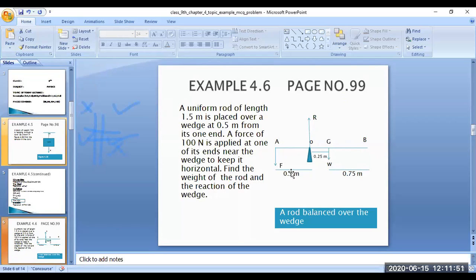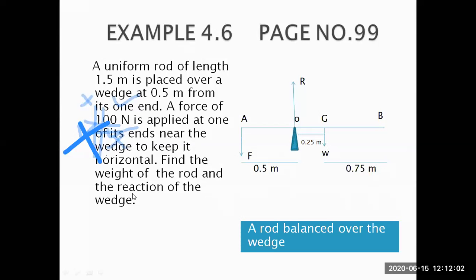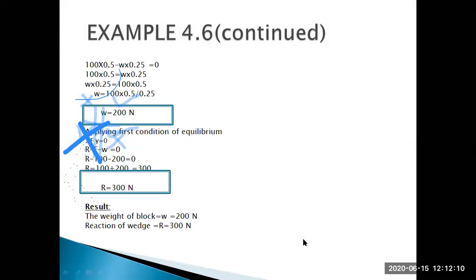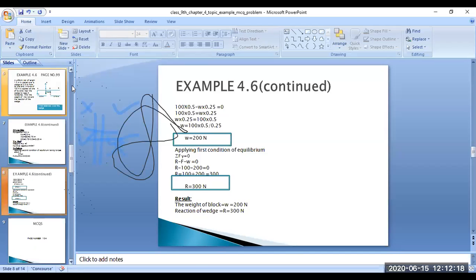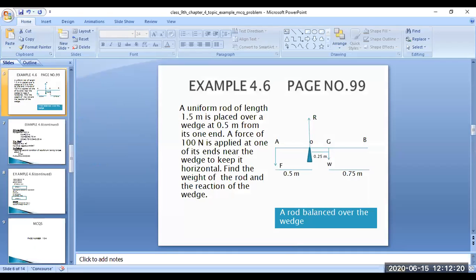This distance from this point to this point is 0.5 meter. So the example is a rod balanced over the wedge. This is our wedge.